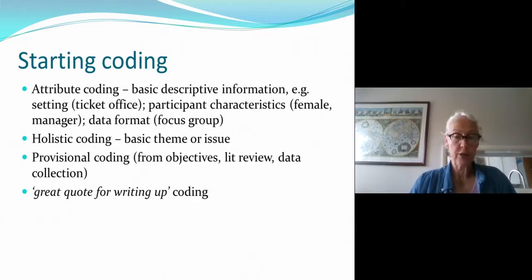Holistic coding is a basic theme or issue that comes up, so for instance, green energy use might be something that I look at. You might have provisional coding from your objectives, your literature review, your data collection, and also a great code for writing up. So that was our must-do list, that jumped out at us.